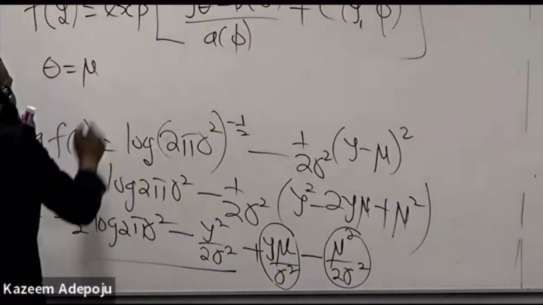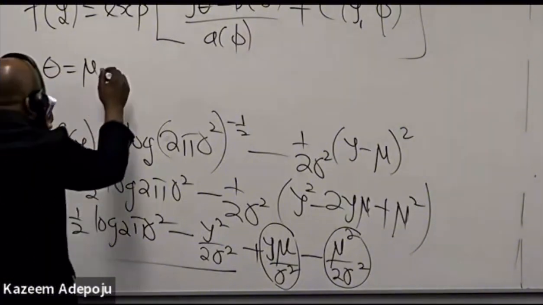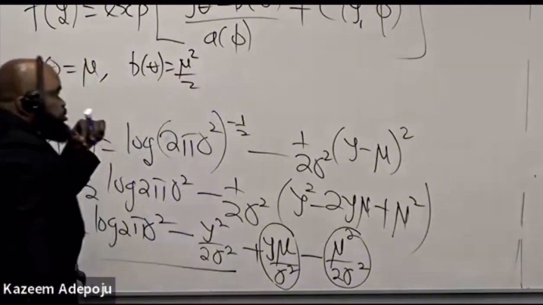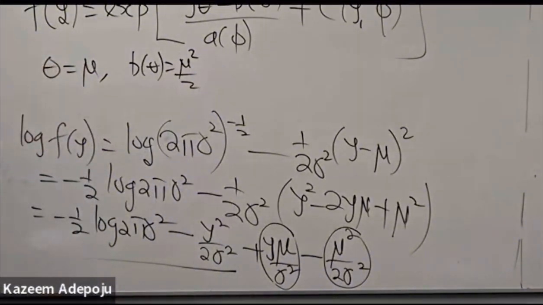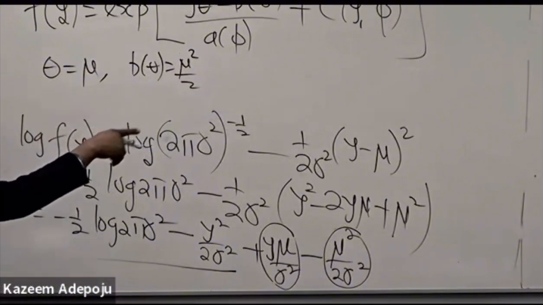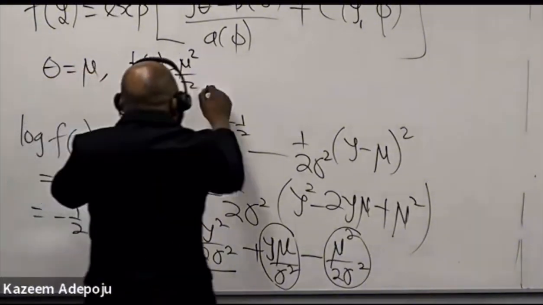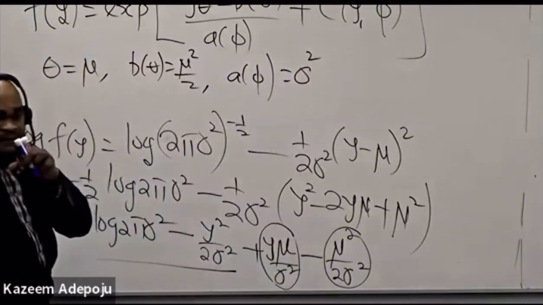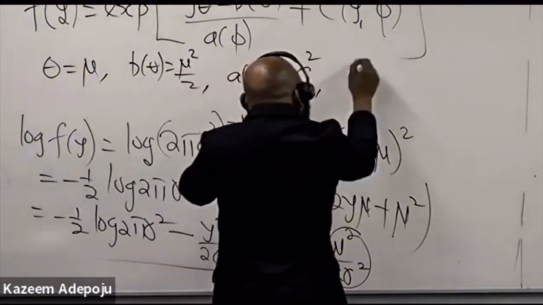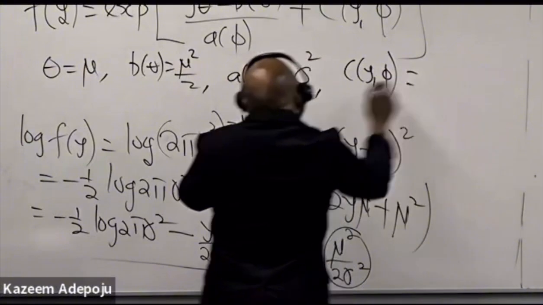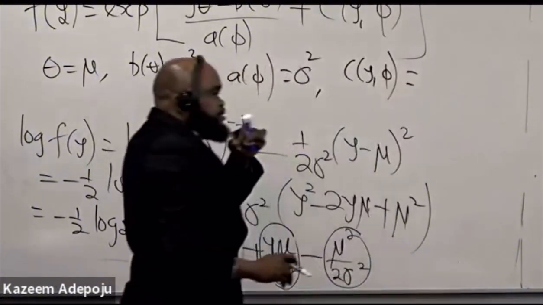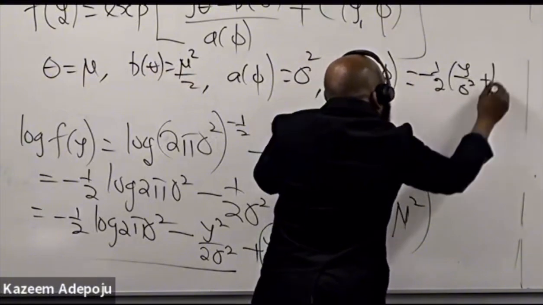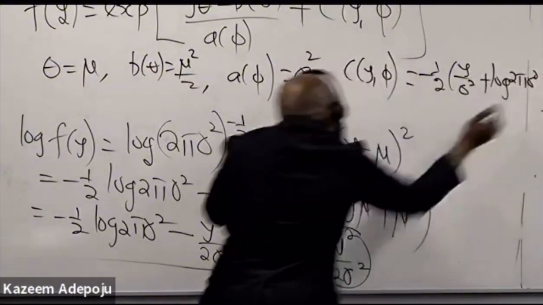It's actually saying theta equals mu, and of course the b of theta is mu squared over 2, as you can see right now, and the a of phi is sigma squared. Then the c of y and phi is actually going to be this entity here, the negative of that entity, y squared over sigma squared plus log 2 pi sigma squared.